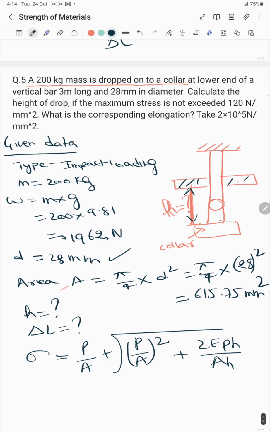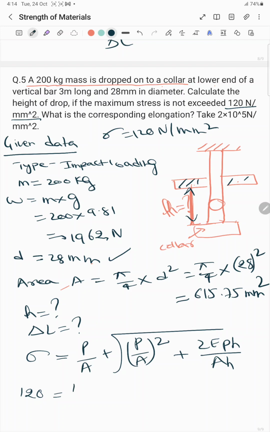The stress value is also given, that is 120 Newton per mm square, so we just need to put this stress value here.